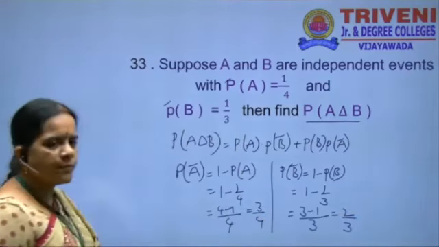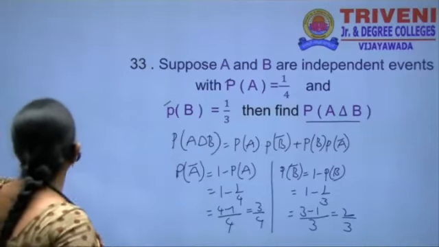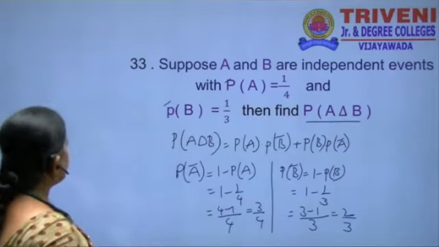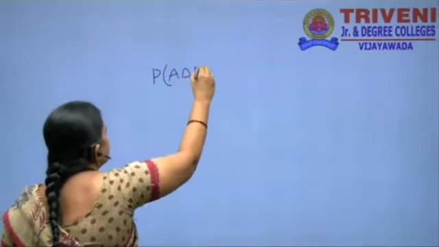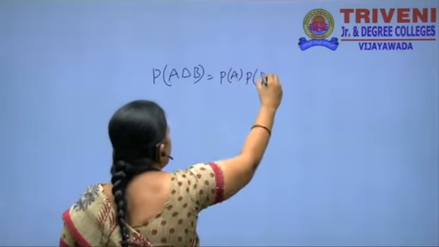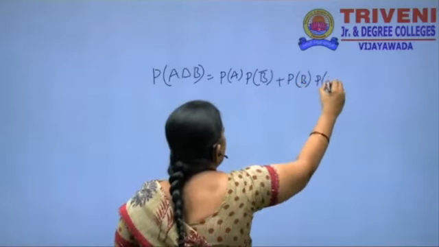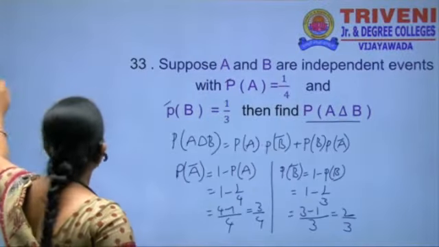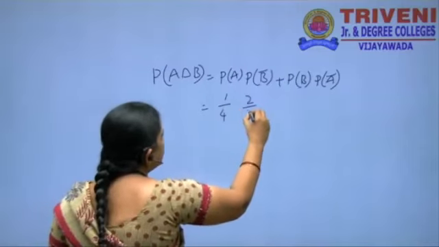Substituting the values of P of A, P of B, P of A bar and P of B bar. P of A is 1 by 4. P of B is 1 by 3. Then P of A delta B is equal to P of A into P of B bar plus P of B into P of A bar. The value of P of A is 1 by 4, here P of B bar is 2 by 3.